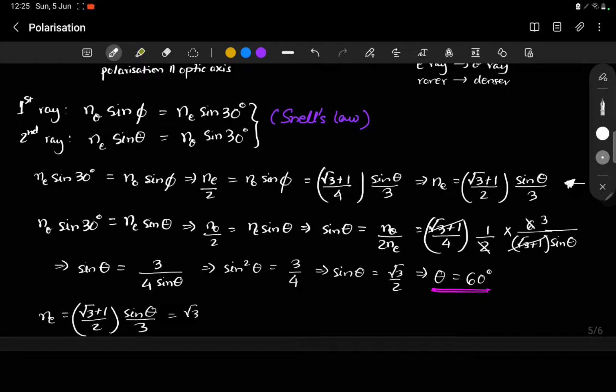So this is root 3 plus 1 by 2 sine 60 degrees over 3. And sine 60 degrees is root 3 by 2. So this is root 3 plus 1 over 2 times 1 by 3. Sorry, not 1 by 2. Times 1 by 3 times root 3 over 2.